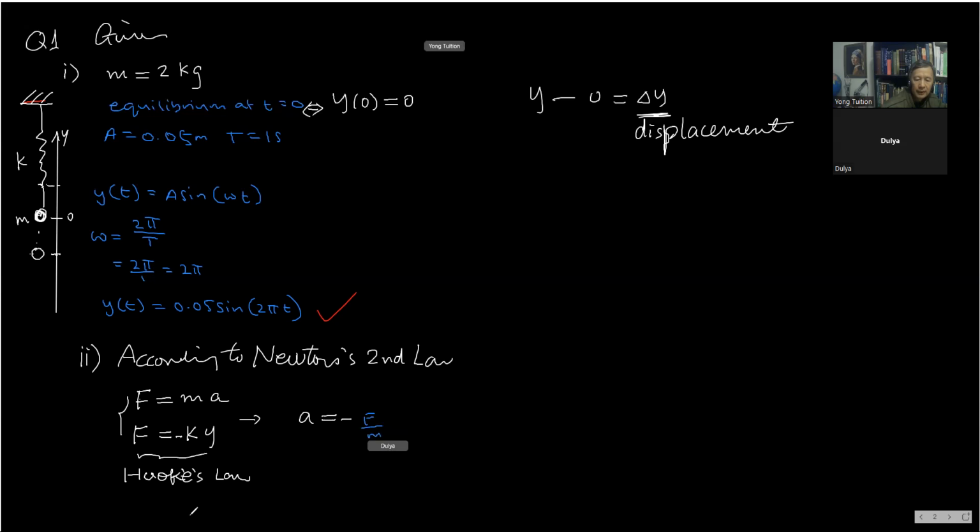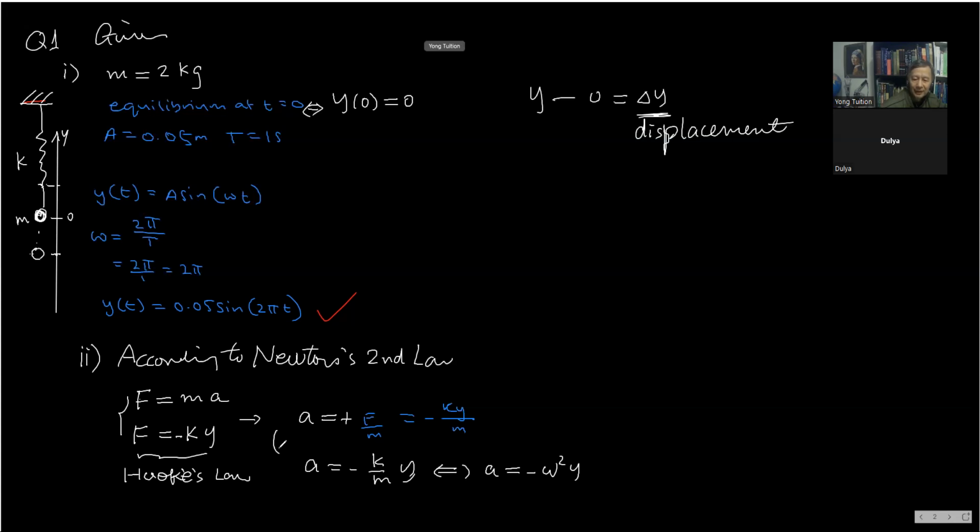What is F? Can we combine these two formulas? The first is positive and the other negative. If we just rearrange, A can be written as a constant K over M multiplied by Y, all right? If you compare with the definition we just derived, A equals omega square Y, so what is omega?